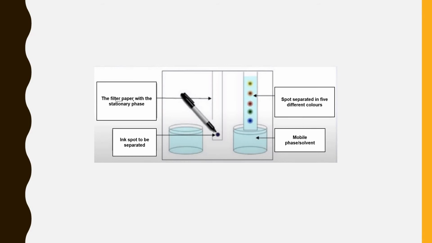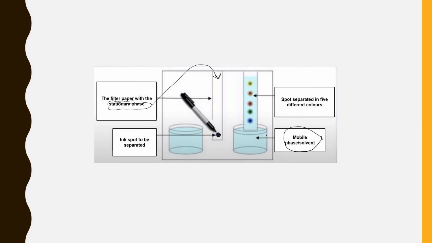For example, you have a filter paper. You consider this as the stationary phase, like I already mentioned, the one that doesn't go anywhere. And then you put the mixture here. This is the one that you want to separate. And then in the beaker, you have the water. The water will act as the mobile phase, helping the ink to travel along the stationary phase.